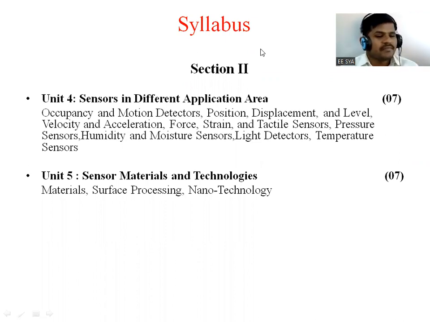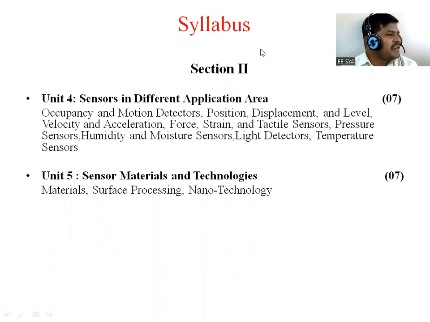There are some surface processing techniques like the etching technique, which we will discuss next. And for manufacturing of sensors we use nanotechnology. You know that a sensor has a diameter, in meters or nanometers or millimeters.